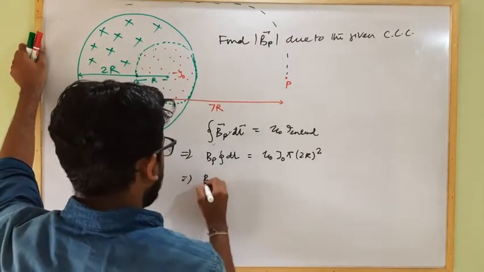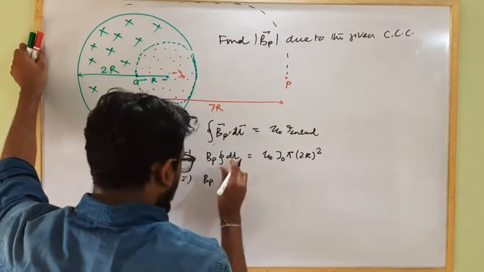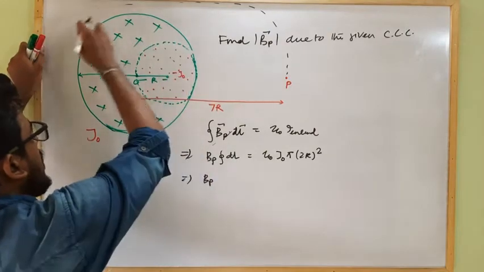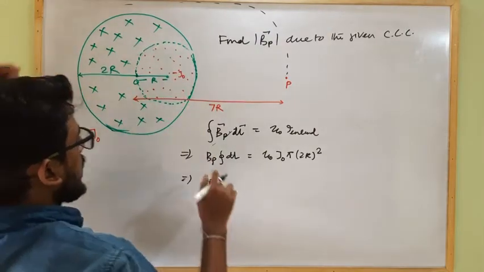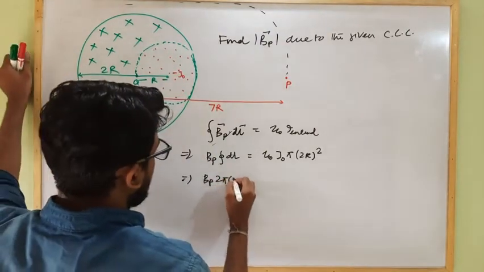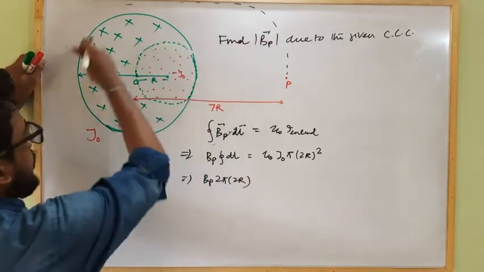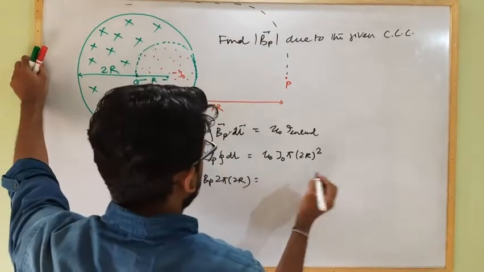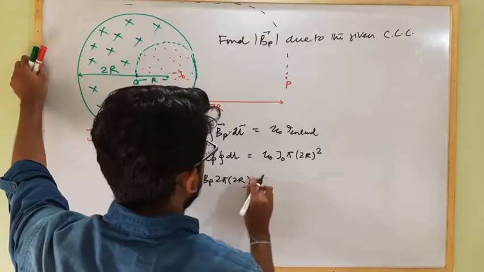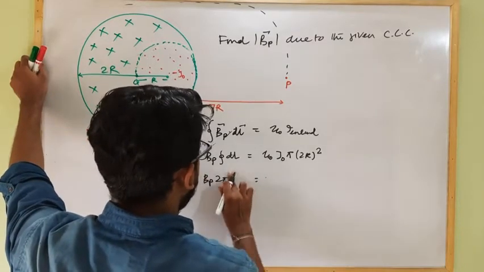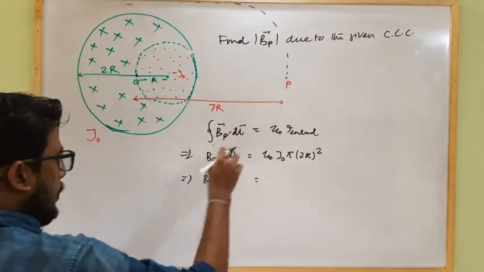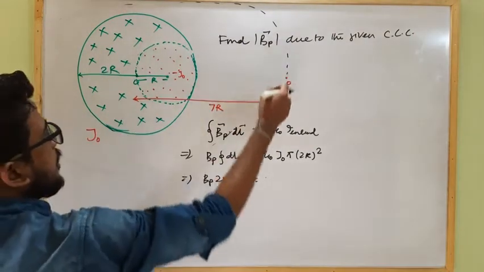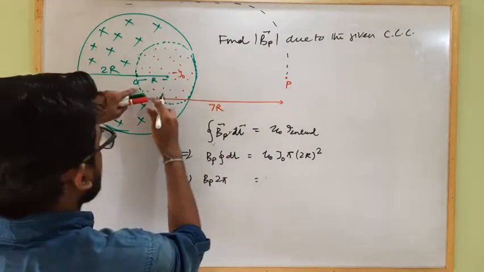So this implies B at P, the closed line integral of dl, the total circumference of the Amperian loop will be 2 pi into 2r. Sorry, this is not 2 pi into 2r, this will be 2 pi into the complete size of the Amperian loop, which from the center is 7r.